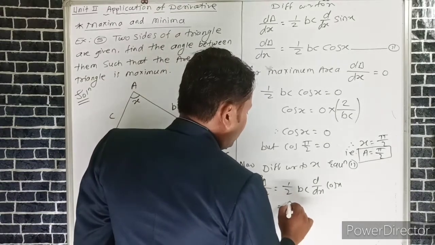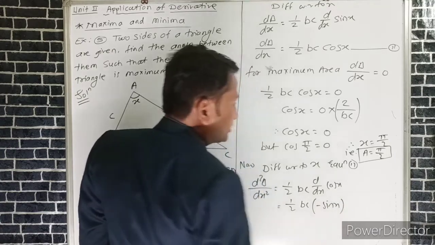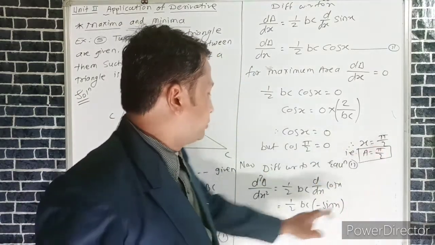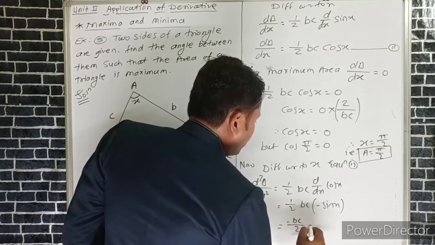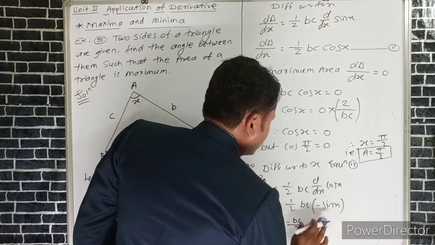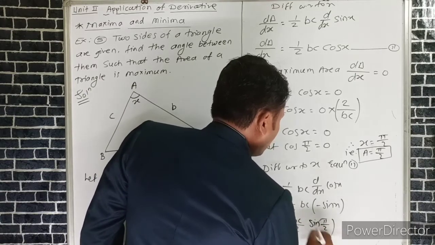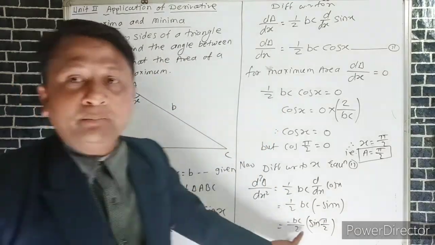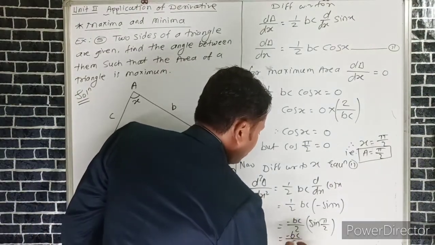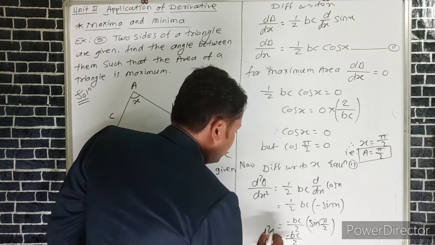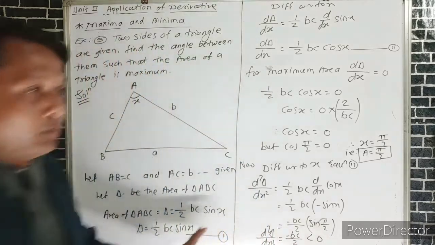We can write 1 by 2 bc into minus sin x. If we substitute x equals pi by 2, we get minus bc upon 2 into sin of pi by 2. We know that sin of pi by 2 is 1. Hence we get minus bc upon 2, so d2 del upon dx square is strictly less than 0.